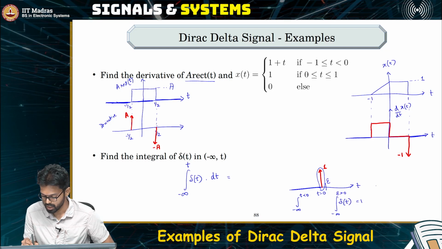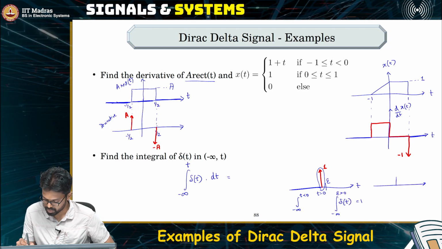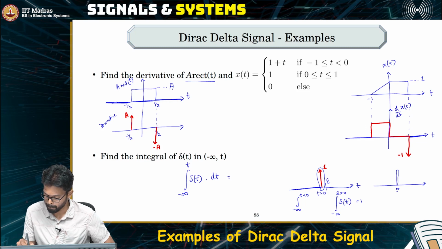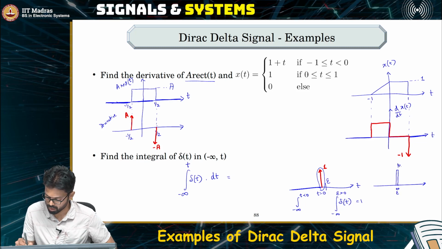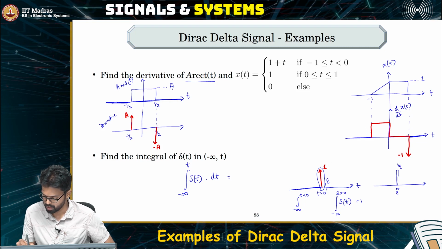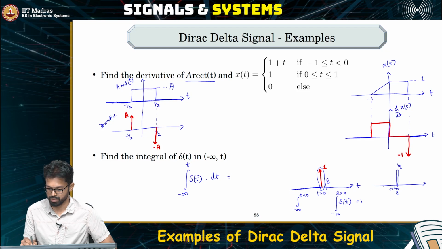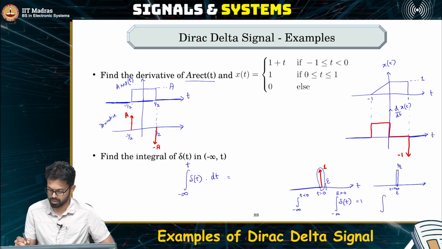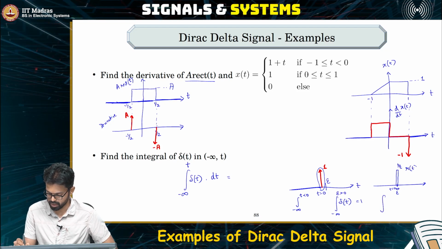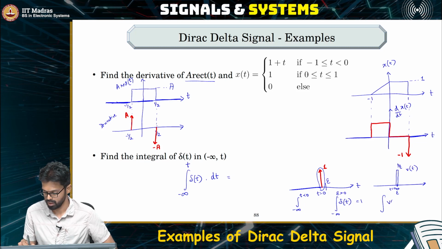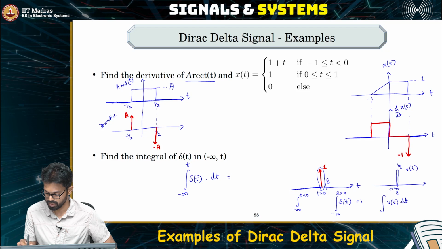In other words, this is almost like at t equal to 0. So if you compute, let's call this some r of t or some b of t dt.